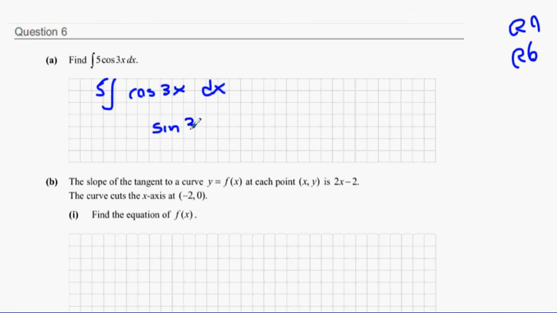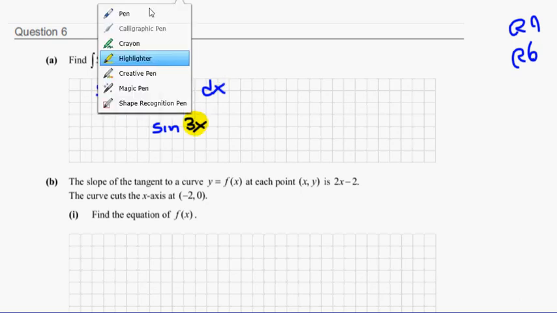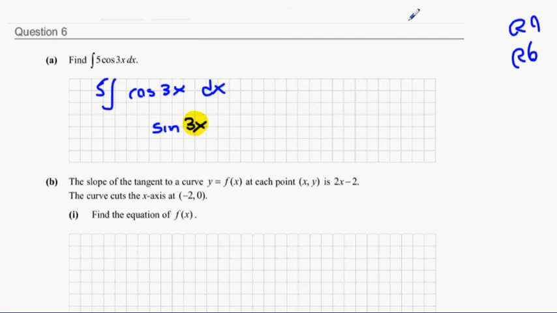Now the 3x stays the same, but what's the hidden part, guys? Differentiate the angle. And so you differentiate the angle, you get 3. So you divide by 3. Now, we also have to multiply this by what, guys?